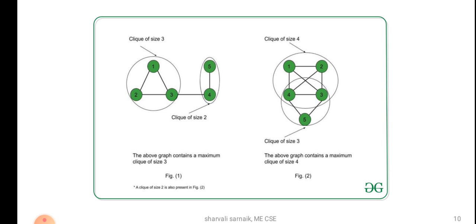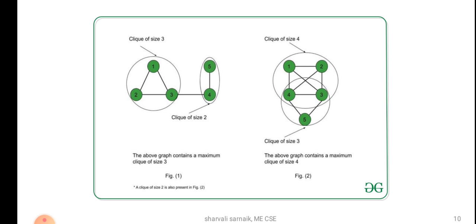In figure 2 there is another graph, and here there are a total of 5 vertices: 1, 2, 3, 4 and 5. Nodes 1, 2, 3 and 4 contain one subgraph having a clique of size 4, size 4 because the number of nodes is 4. Next we have another subgraph having 5, 3 and 4.